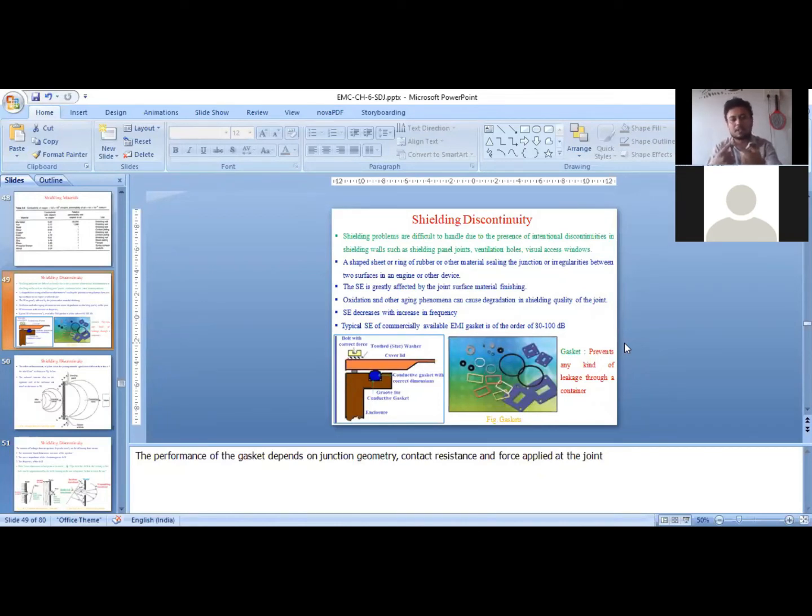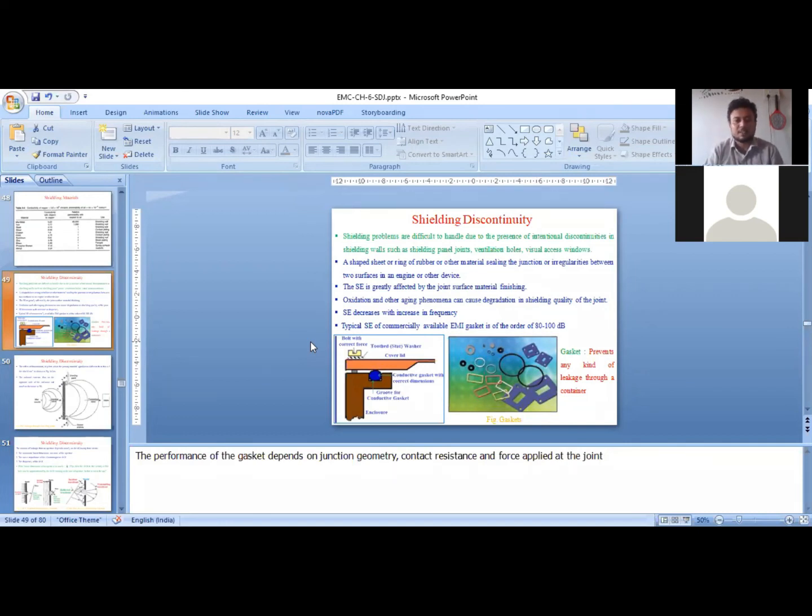If I use two dissimilar metals, it may lead to corrosion and some resistance difference, and that may again lead to leakage of electromagnetic energy, which is not desired. So the shielding effectiveness is greatly affected by those things. Also while performing bonding and welding, due to oxidation and other aging phenomena, the shielding effectiveness can be degraded to a great level. So shielding effectiveness decreases with increase in frequency.